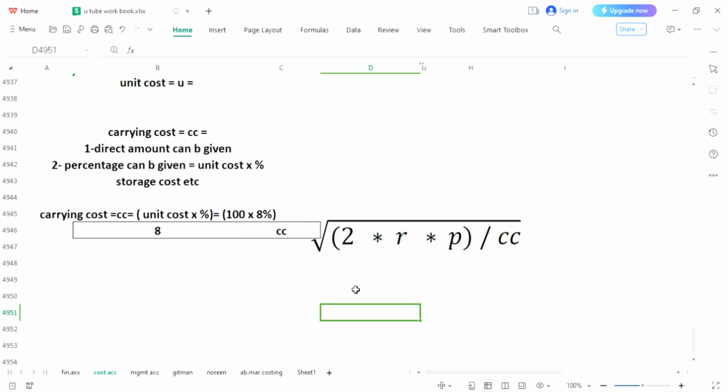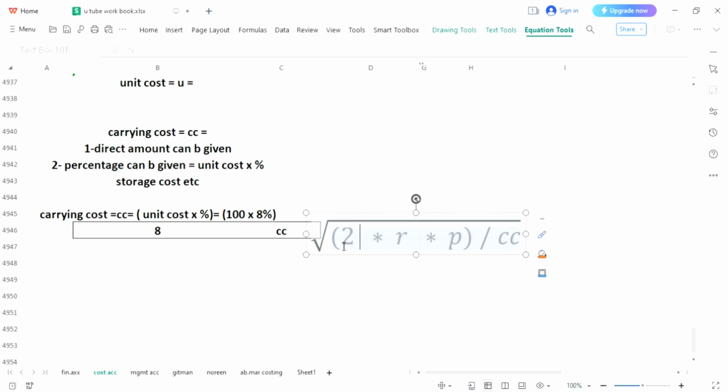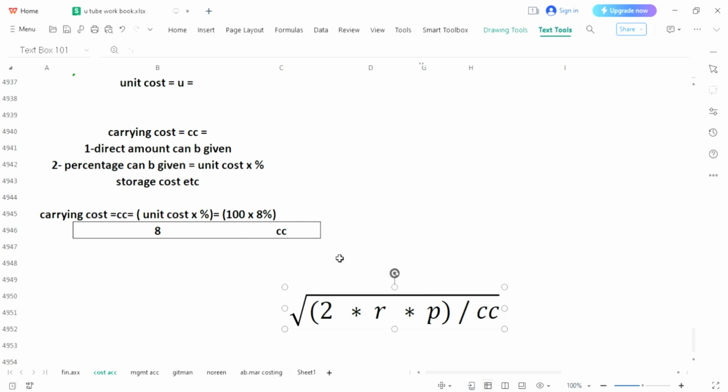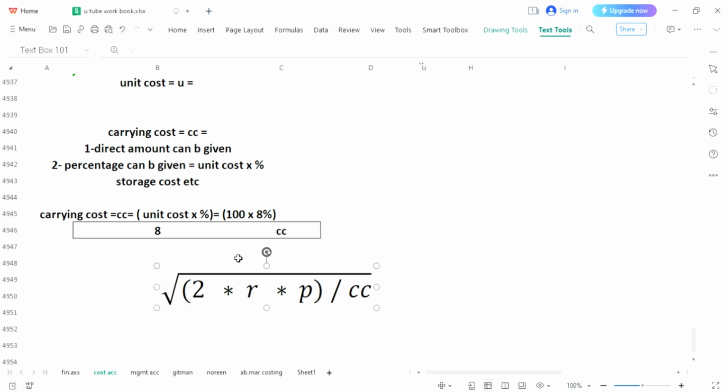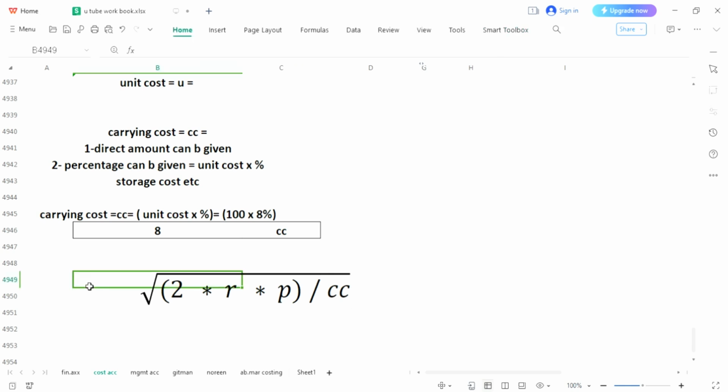So guys, this is your formula for calculation of economic order quantity. I think the size is a little extra, but that doesn't matter. So 2 would be multiplied with R and then multiplied with P divided by carrying cost. This is the formula for your economic order quantity. Economic order quantity would be calculated with the help of this formula.